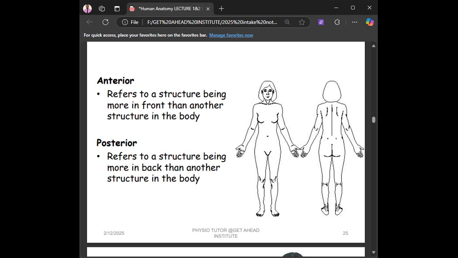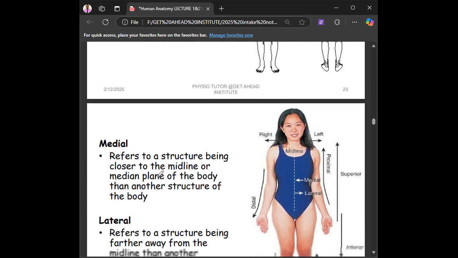For example, the sternum lies anterior to the heart. When we talk about posterior or dorsal, this talks about a structure being towards the back of the body, that is behind. For example, the heart lies posterior to the sternum.